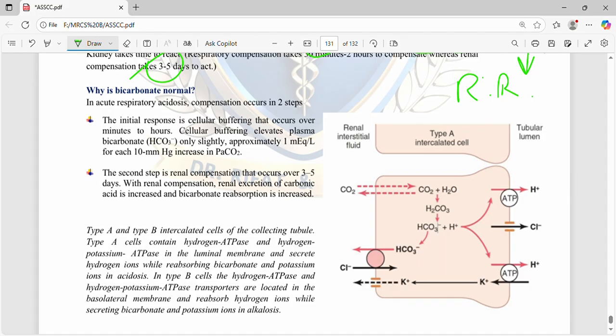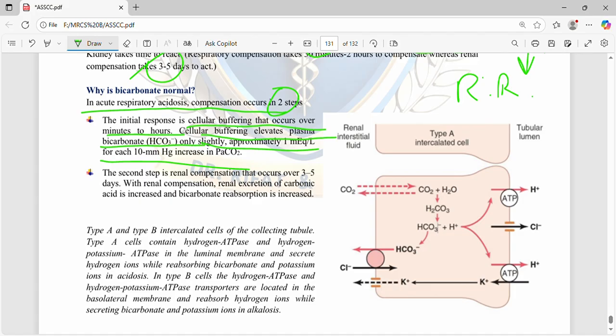Because the response to acute respiratory acidosis is in 2 steps. The initial response is cellular buffering that occurs over minutes to hours. Cellular buffering elevates plasma bicarbonate only slightly, approximately 1 milliequivalent for each 10 mmHg of CO2 increase. The second step is renal compensation that occurs over 3 to 5 days.